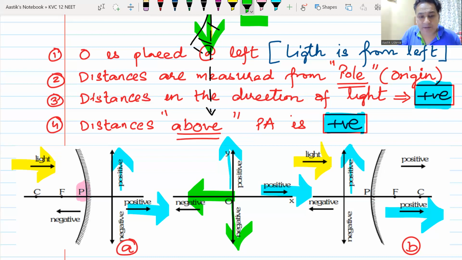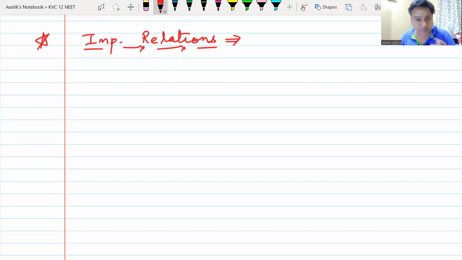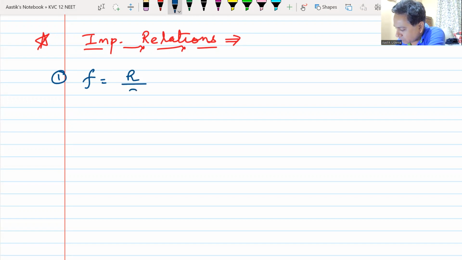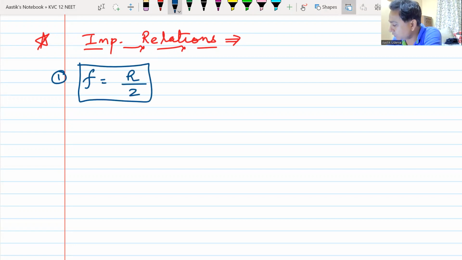Okay, then we come very quickly to those relations that we already know, and we will just write them in a flash. Relation number one: f is equal to R by 2. Yes or no? We know this relation?